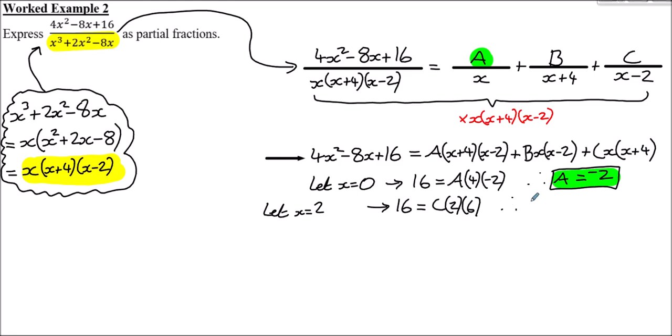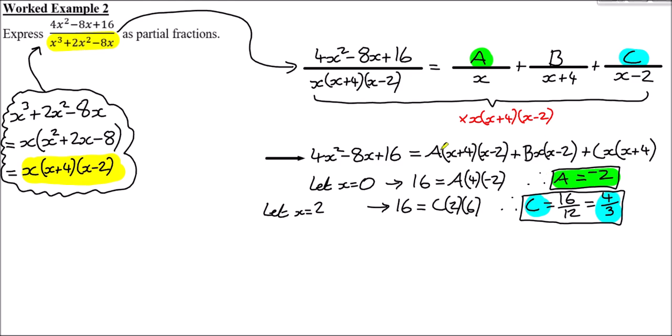So therefore c is going to be 16 divided by 12, which is 4/3. So I've got what c is. C is 4/3.